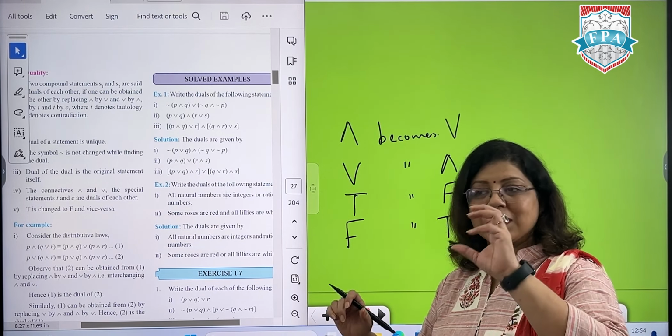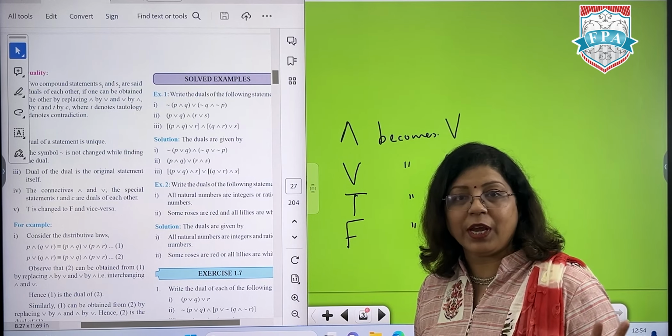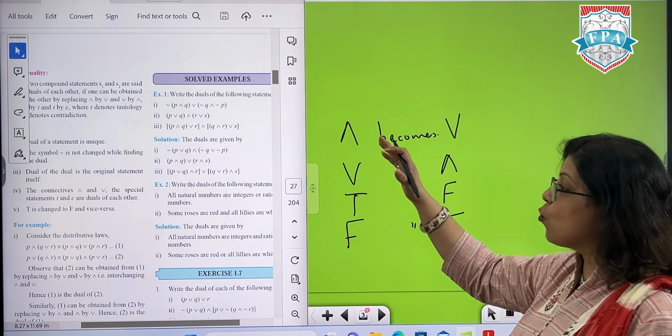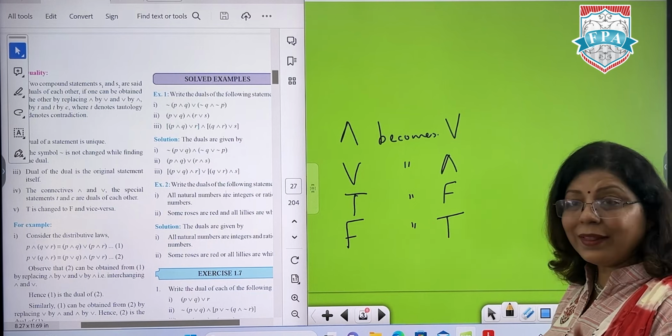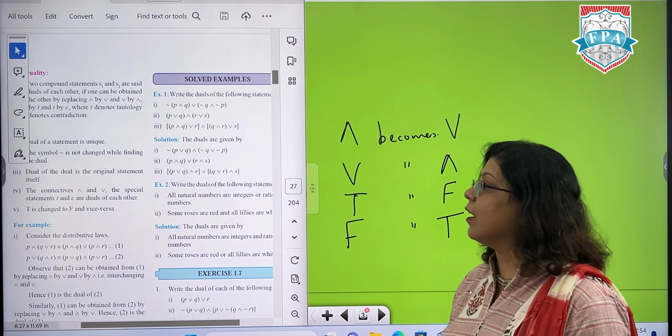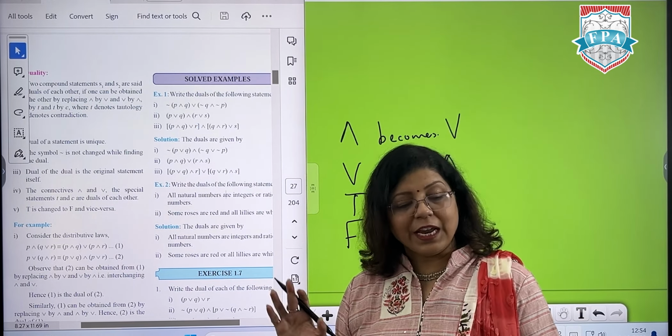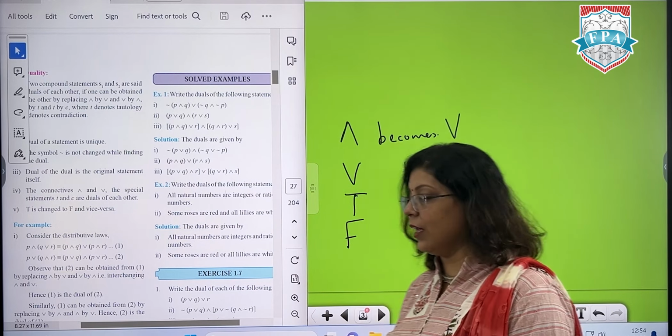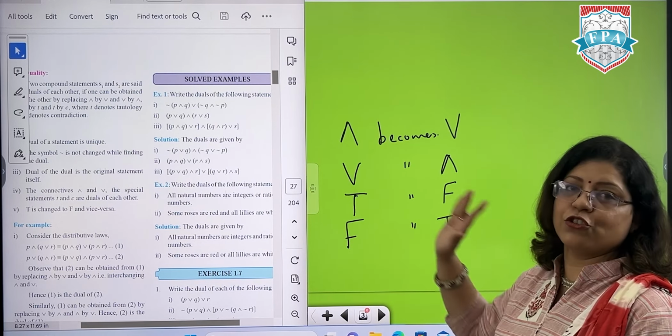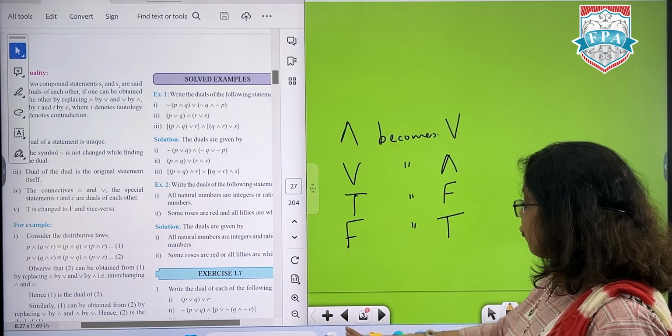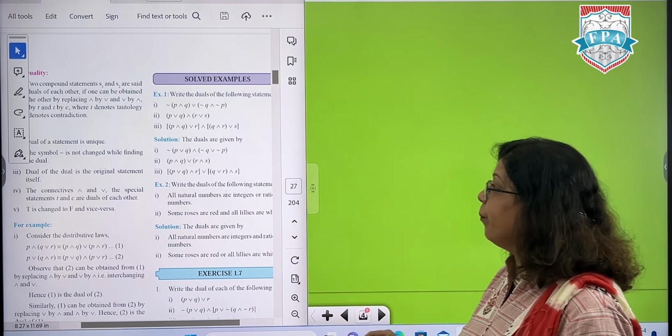Whether it makes sense or not, don't worry about that. Just switch the statements. One thing which does not get switched is the negation symbol. If negation is there, your answer will have the same negation symbol. So let's write one dual statement.